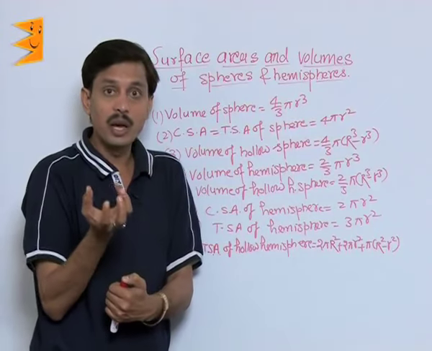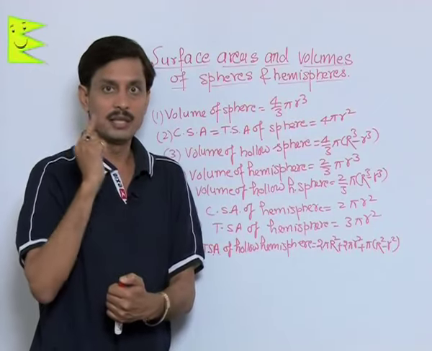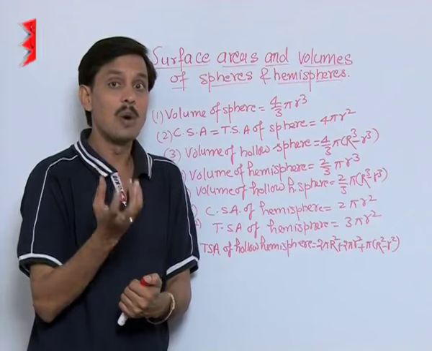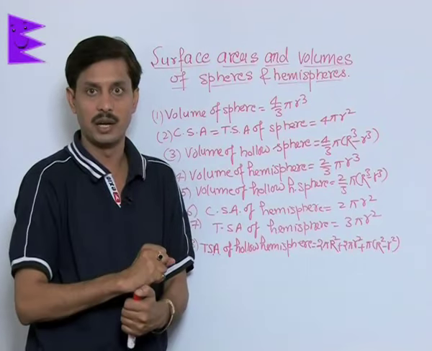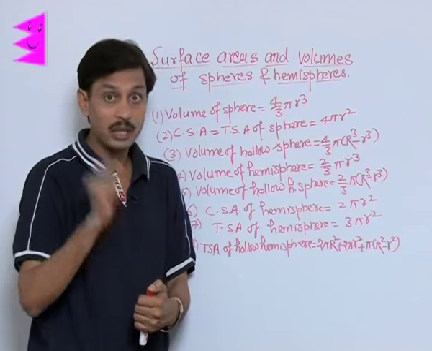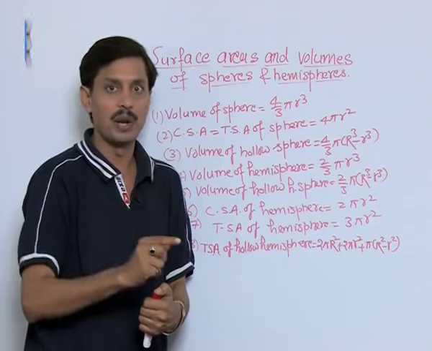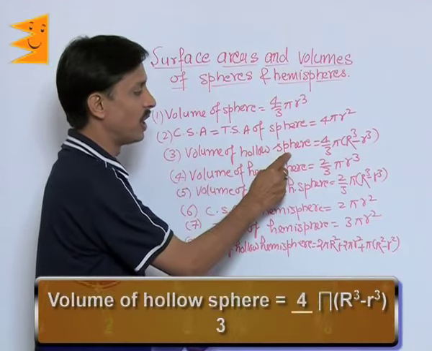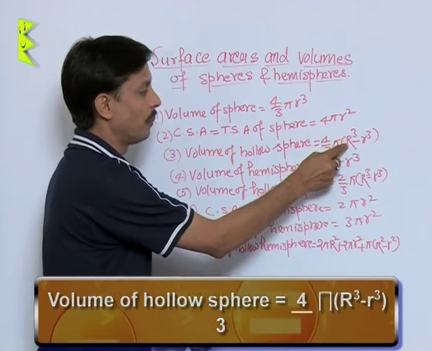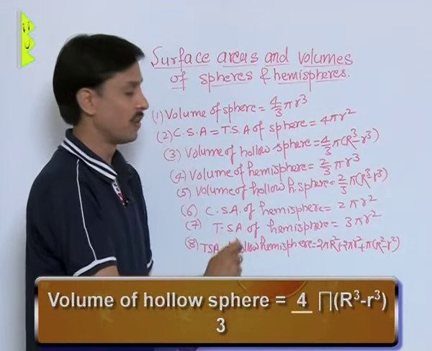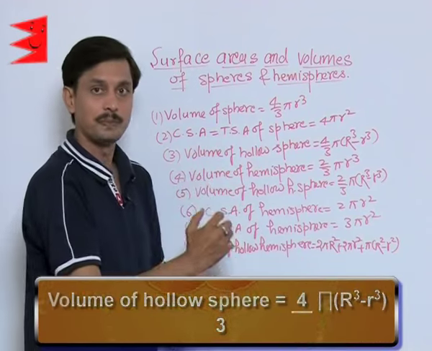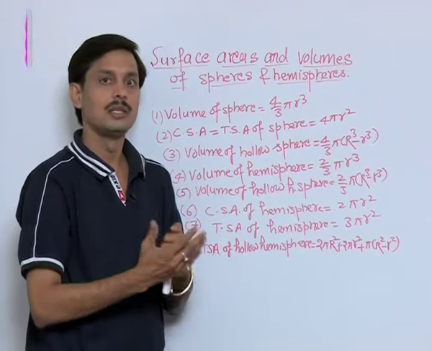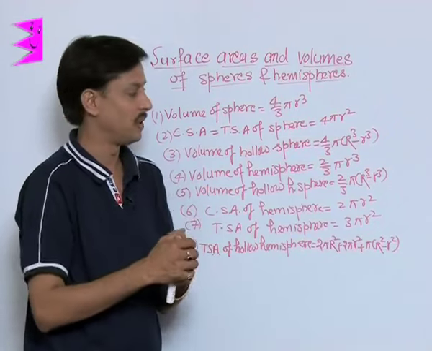If a spherical object is hollow, its external radius is capital R and its internal radius is small r, then the volume of material required to make the hollow sphere is given by volume of hollow sphere equals 4/3 π(R³ − r³). Now the volume of a hemisphere: as the semicircle is half of a circle, similarly the hemisphere is half of a sphere.